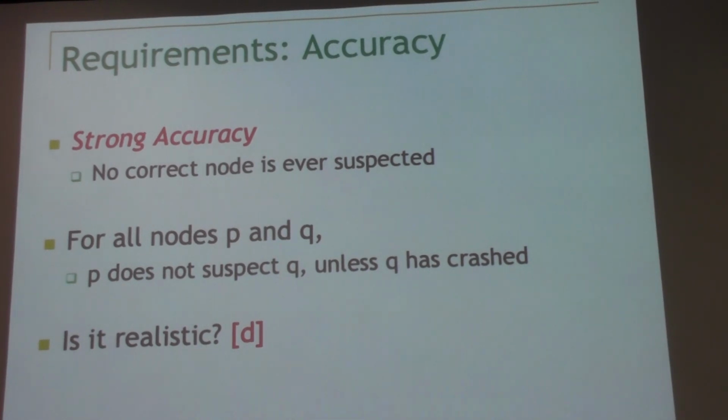Well, to me, it's not realistic, because we might have a link which was good before, but then we suffer a failure, so it is rerouted. It takes, let's say, double the time that we expected it to take the previous time, and then we suspect it because we think it's crashed, but then we know it hasn't crashed, and then we will augment the time we wait. But the first time we suspect it because there's some problem with the network.